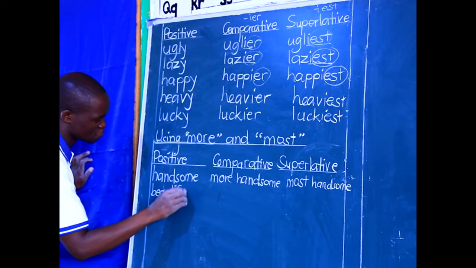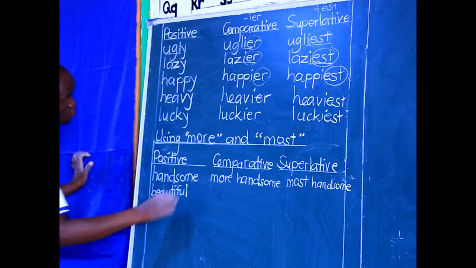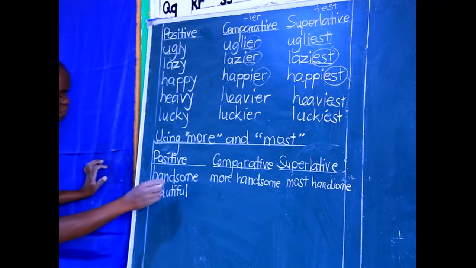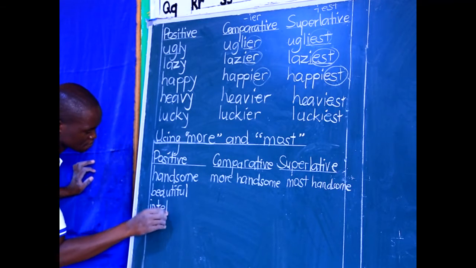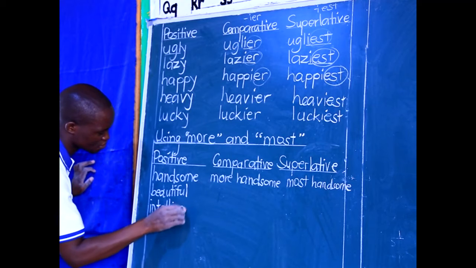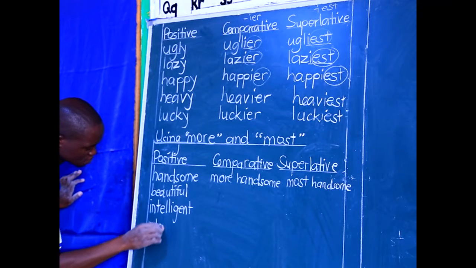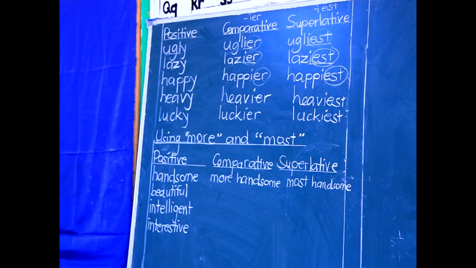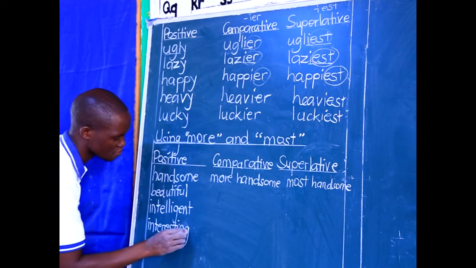We have handsome, beautiful. Then if you are not careful, you may end up mentioning ugly, which is already up here in that category. Beautiful. We have words like intelligent, other ones like interesting: interesting, more interesting, and most interesting.